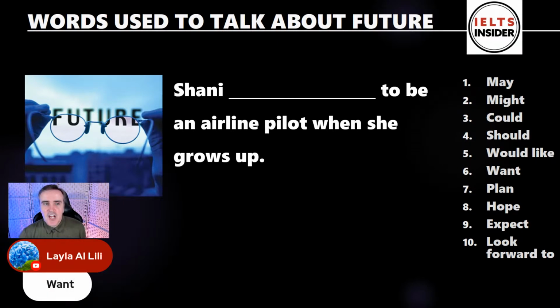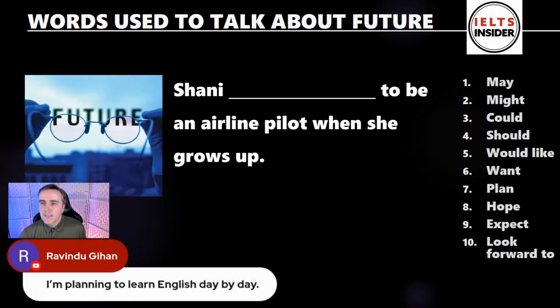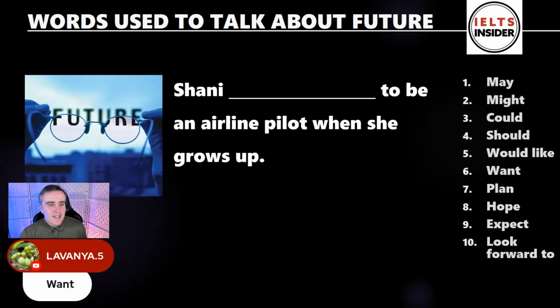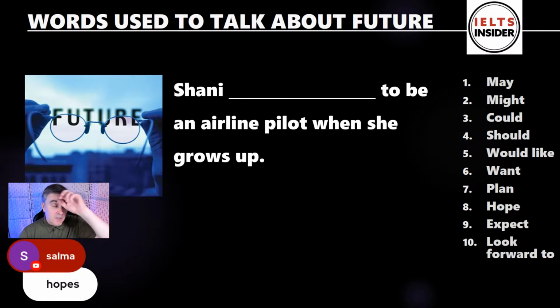However, remember Shani is somebody's name, so we would have to change this verb a little bit. Okay, excellent, Ravindu. Again, Lavanya, we need to change the verb a little bit. Salma, change the verb. We've got somebody's name. Now, I think hopes is certainly possible. That's not one of the ones that I was thinking about.